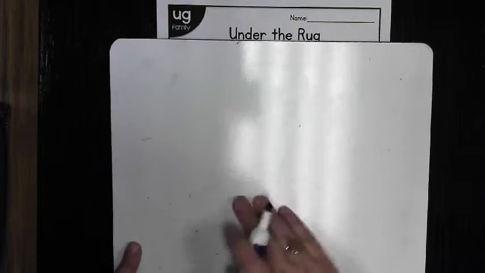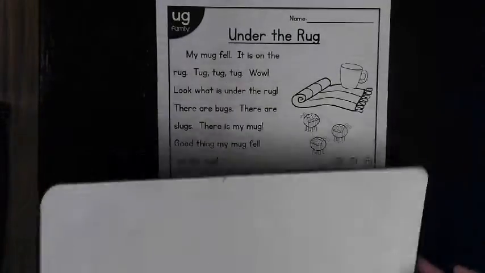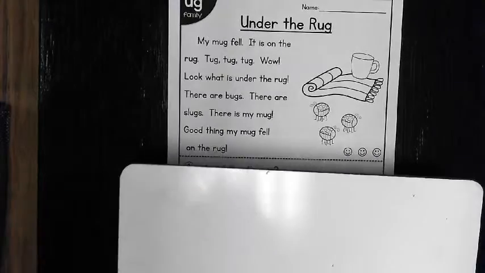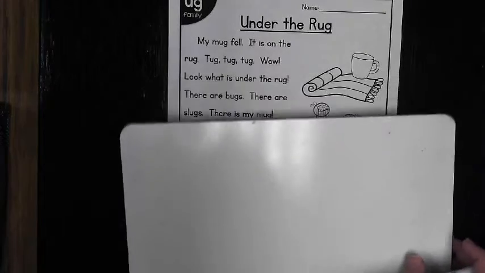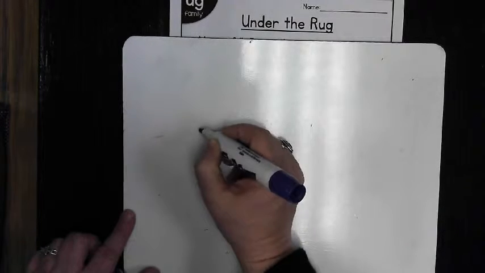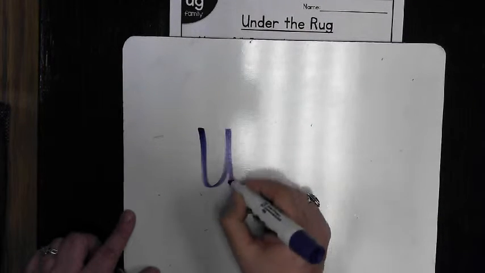So let's look at something else within this story, because I noticed there were a couple of other things we might want to talk about today. In our title, we have this word: UNDER.